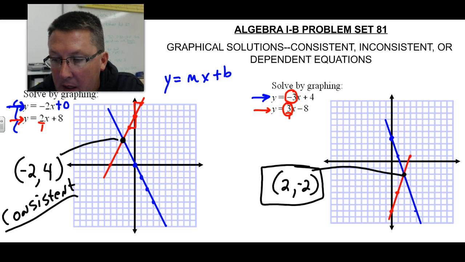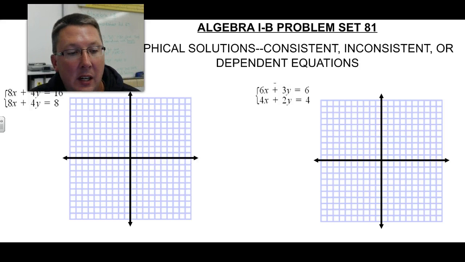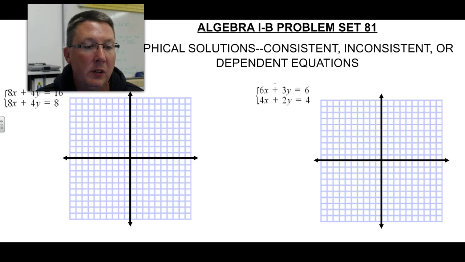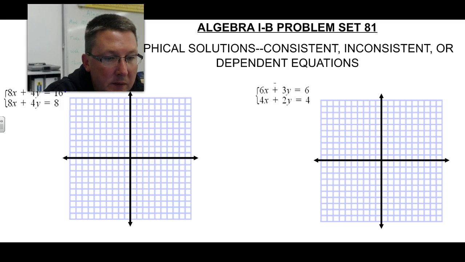All right, I put two more problems here real quick, just because you will run into these. It may ask you to state whether they're inconsistent or dependent or consistent. So first thing you need to do is solve these equations for y. Let's take this first equation in blue. Solving that equation for y, 8x plus 4y equals 16.